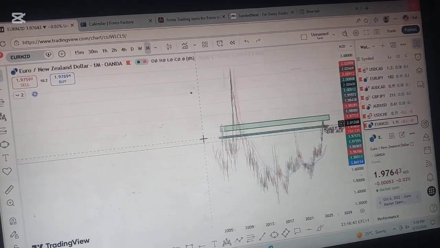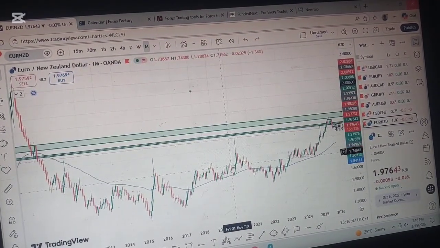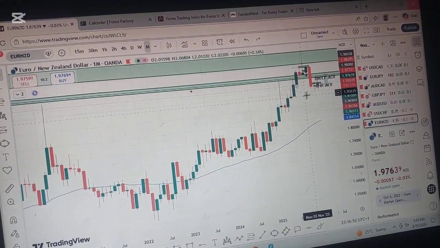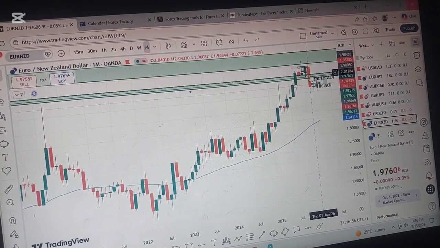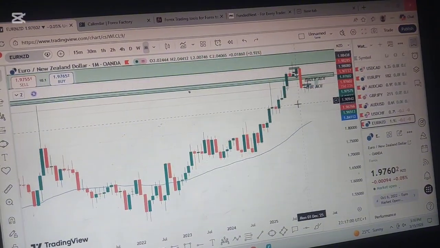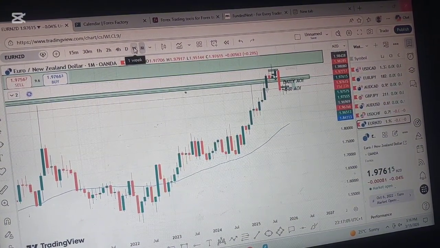Clearly we can see the monthly is rejecting a resistance level. It has reached a resistance level, so we are showing signs of rejection. We had a massive bullish engulfing, 1, 2, 3, 4 months. So we are bullish on the monthly time frame.